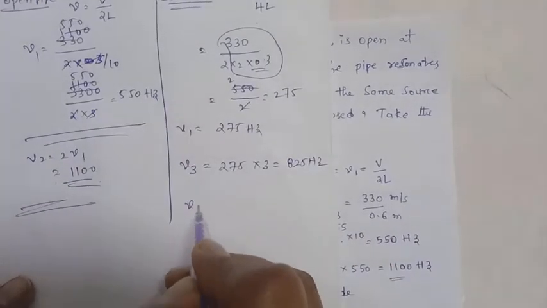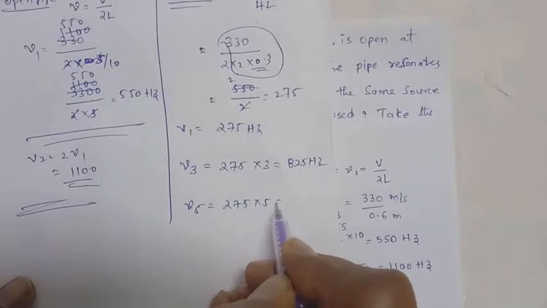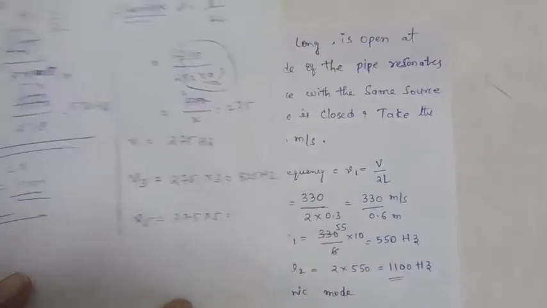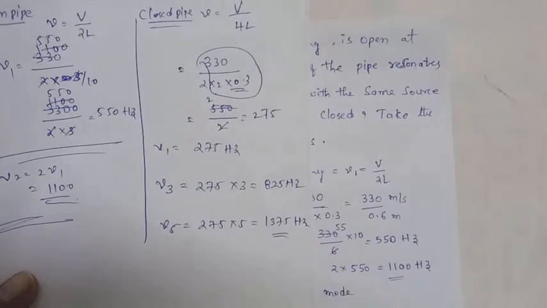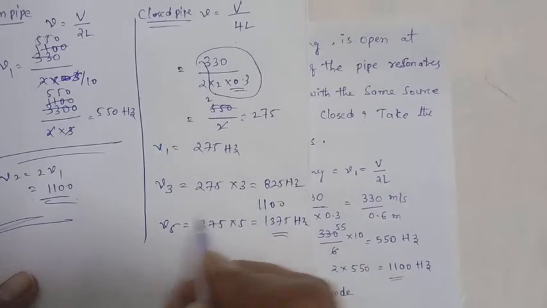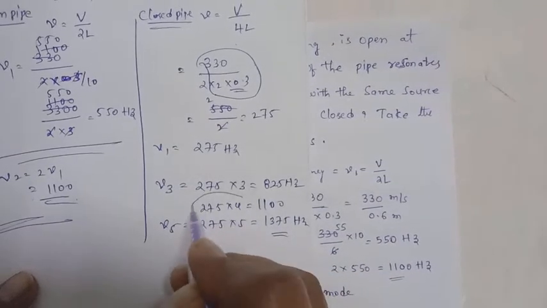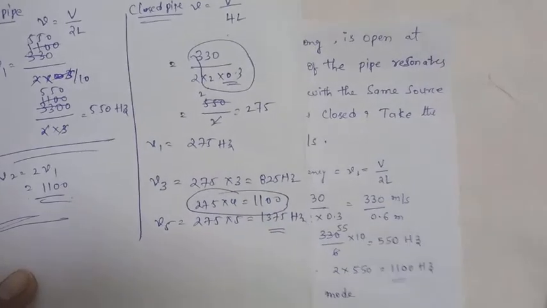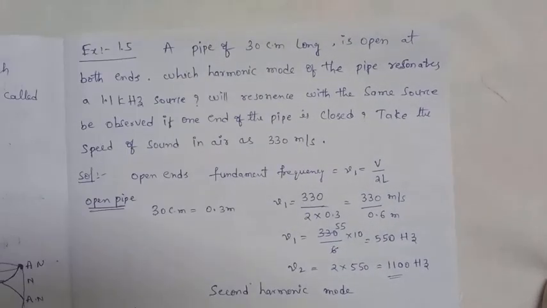In case of nu 5, 275 into 5, that means its value is 1375. But what is the value required? 1100. This value we get from 275 into 4, but the fourth harmonic is not possible. So this mode of harmonic does not exist in case of a closed pipe.